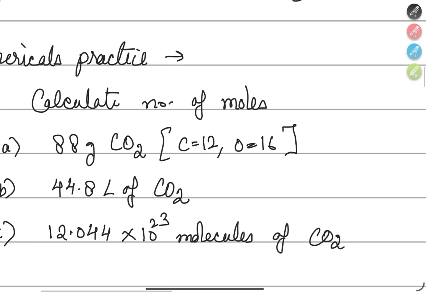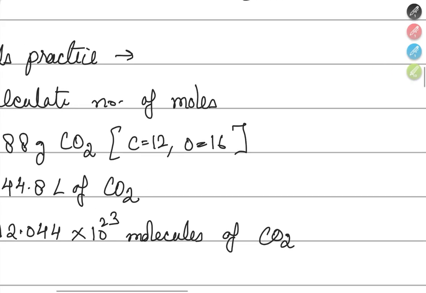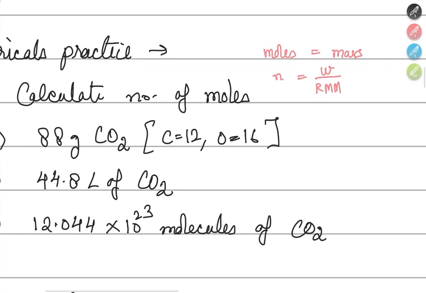First you have to see what relationship is being taken here. We are relating moles to the mass. As we know from the formula, the moles of any substance will be equal to its given mass by its RMM.